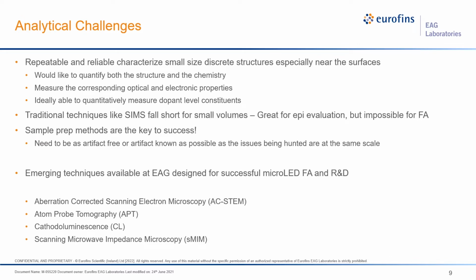So some of the analytical challenges we have in characterizing these devices repeatably and reliably with such small discrete sizes is that we really want to be able to quantify both the structure and the chemistry, but we have a finite amount of material. Ideally, we'd also like to measure the corresponding optical and electronic properties of those small volumes as well. And in many cases, we'd like to at least qualitatively, if not quantitatively, try to measure the dopant level constituents.